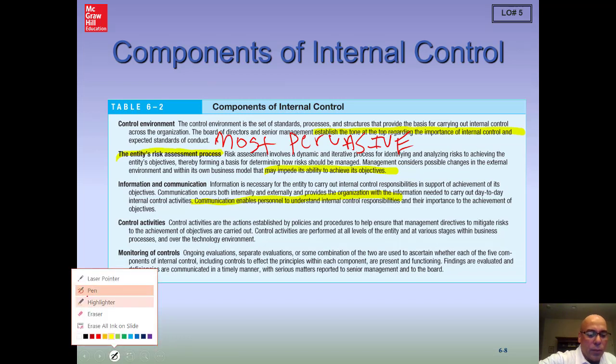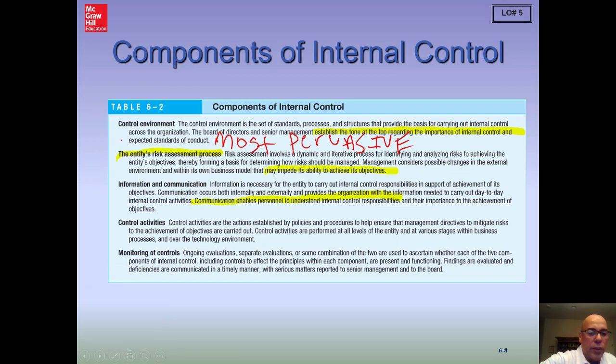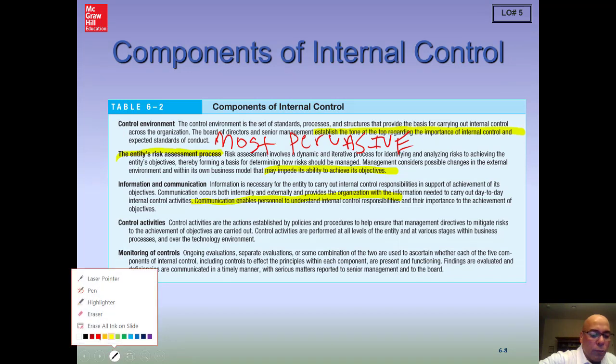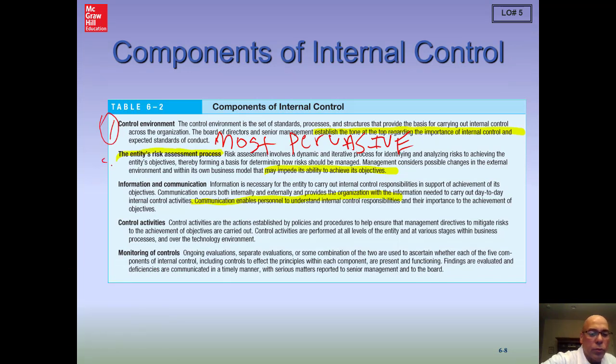Okay, let's just number these correctly. Control environment comes first, then risk assessment, then control activities. I don't know why they put control activities before the information communication or after it, because then we put the control activities in place, and then we communicate to individuals their responsibility for carrying out the controls.